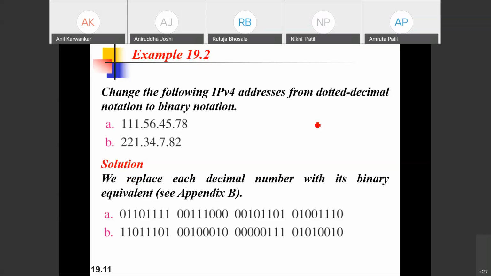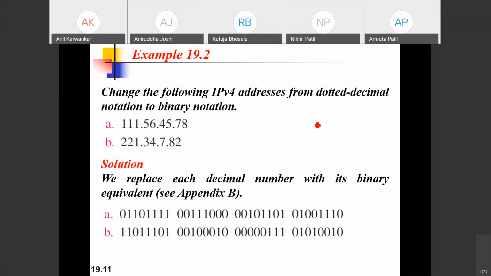The second example is related to the translation of IP version 4 address from dotted decimal notation to the binary notation. 111 is the dotted decimal representation.